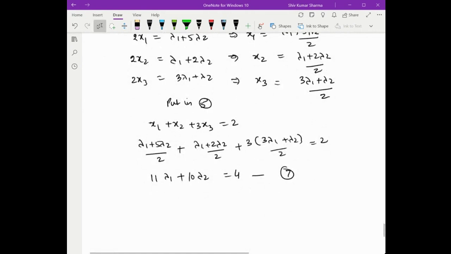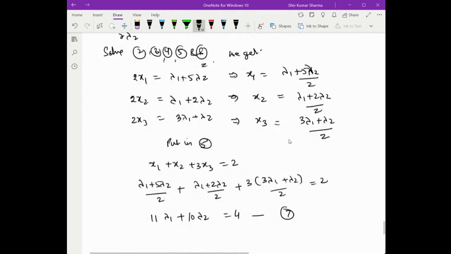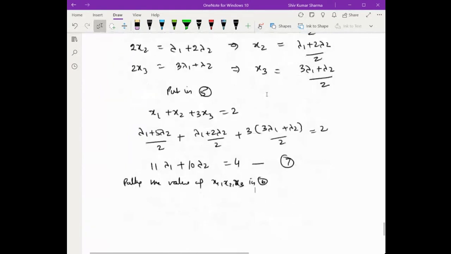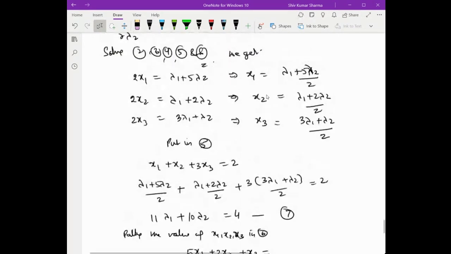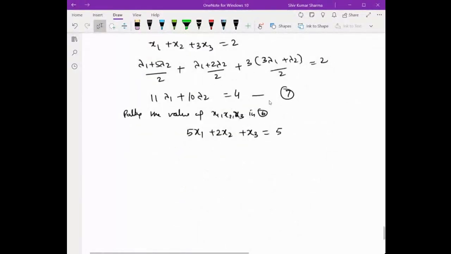And similarly, we proceed to put the values of x1, x2, x3 in the next equation, equation number 6. Putting the values of x1, x2, x3 in 6 also: 5x1 plus 2x2 plus x3 is equal to 5.